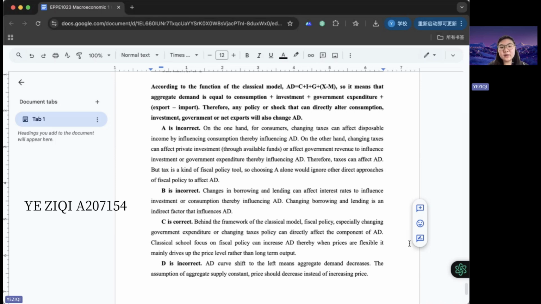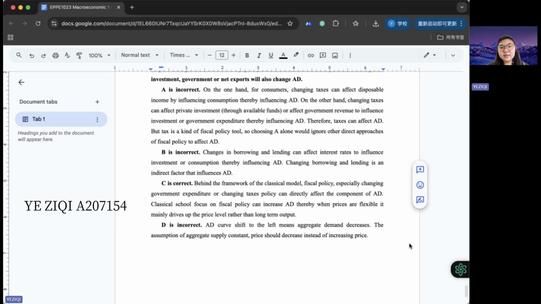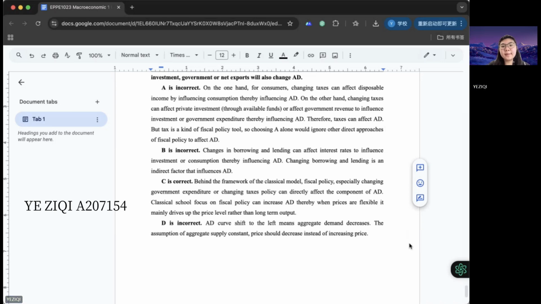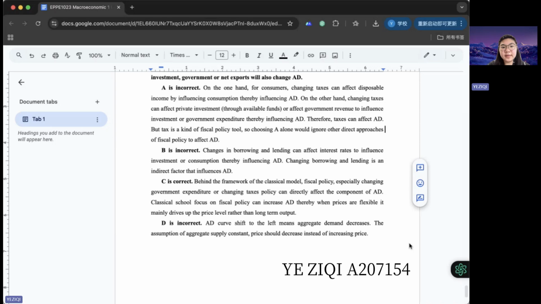So A is incorrect. On the one hand, changing tax can affect disposable income by influencing consumption, thereby changing AD. On the other hand, changing tax can affect investment or affect government revenue to influence government expenditure, thereby influencing AD.